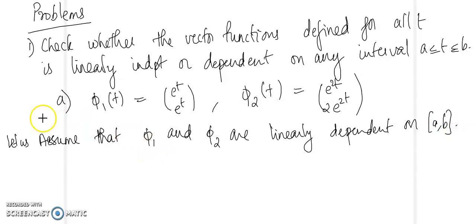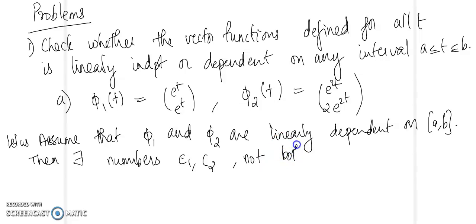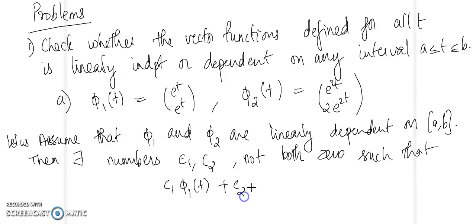Now if they are linearly dependent, then you can find numbers C1 and C2 not both 0 such that C1 phi1 of t plus C2 phi2 of t will be equal to 0 for all t belonging to closed interval AB.